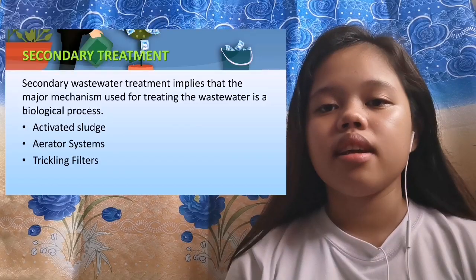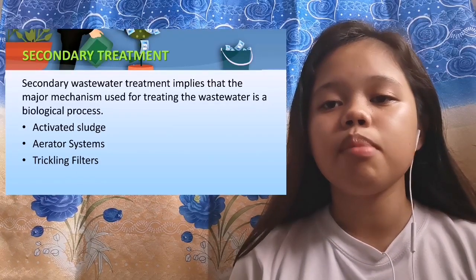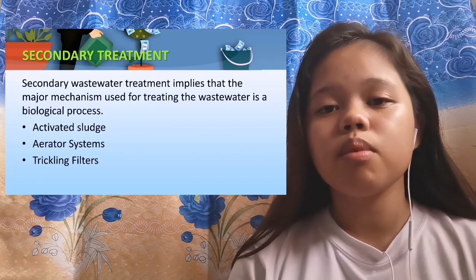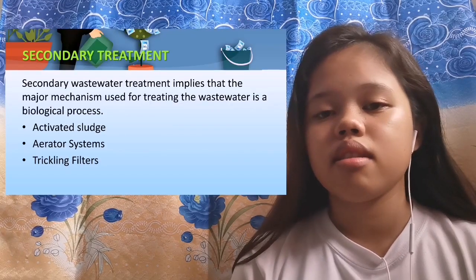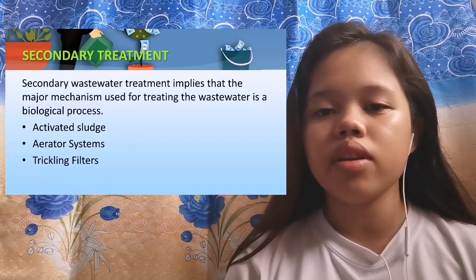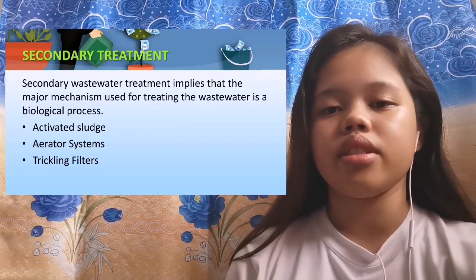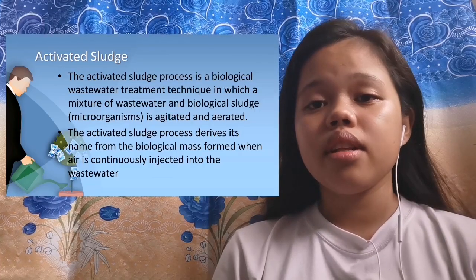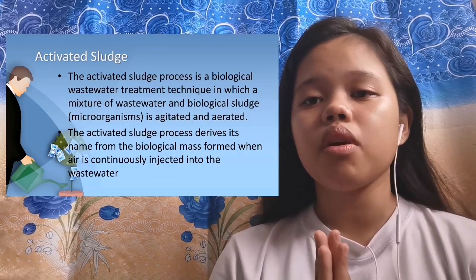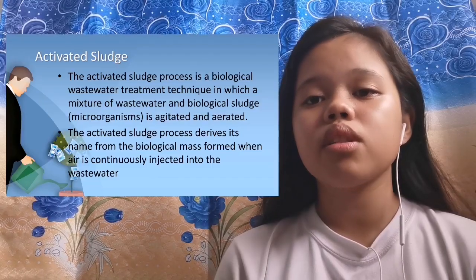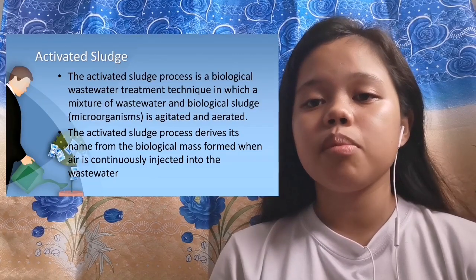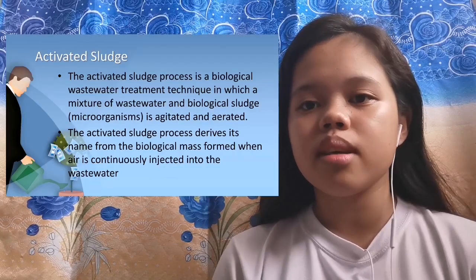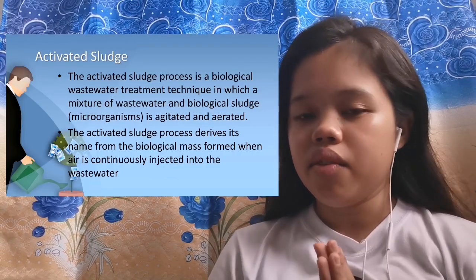Secondary treatment. Secondary wastewater treatment implies that the major mechanism used for treating the wastewater is a biological process: activated sludge, aerated lagoon systems, and trickling filters. Activated sludge. The activated sludge process is a biological wastewater treatment technique in which a mixture of wastewater and biological sludge microorganisms is agitated and aerated.